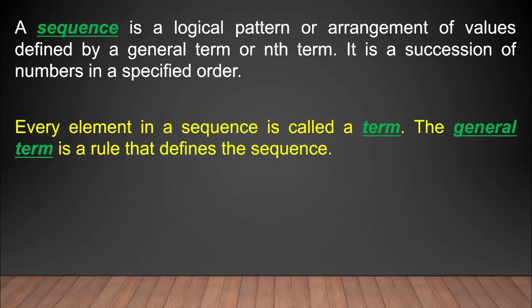Now, take note that every element in a sequence is called a term. The general term is a rule that defines the sequence. So take note that the general term, nth term, rule, or formula, they are all one and the same.